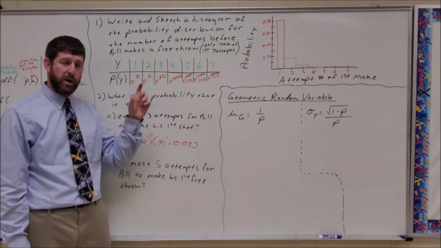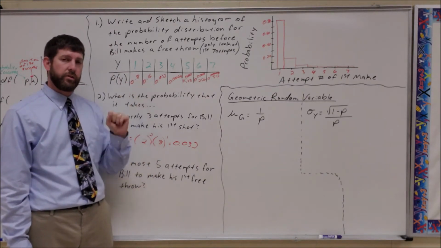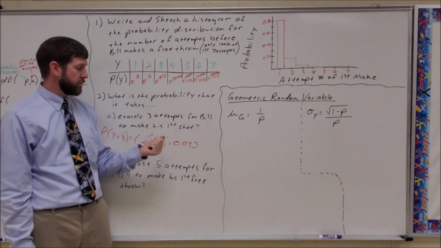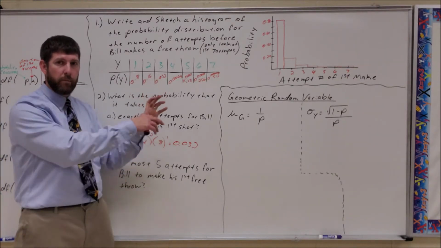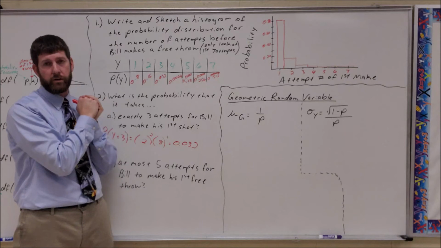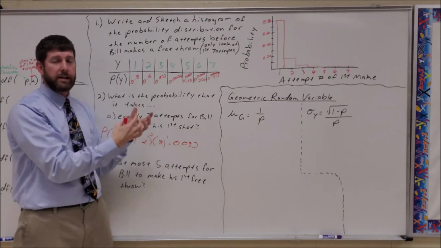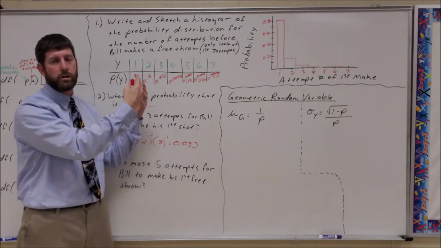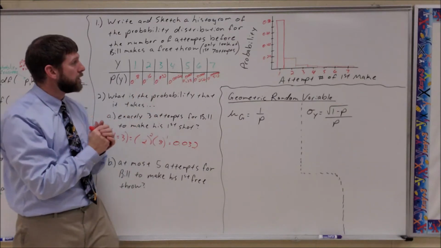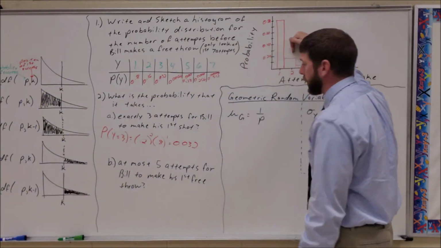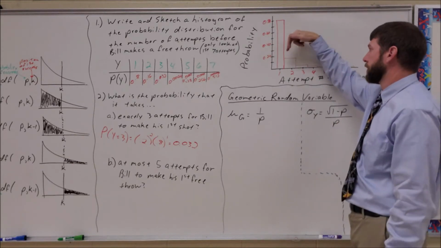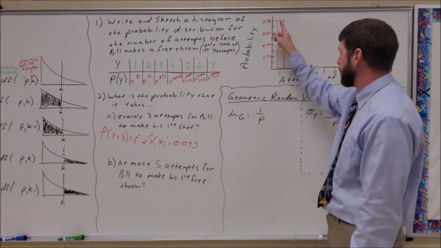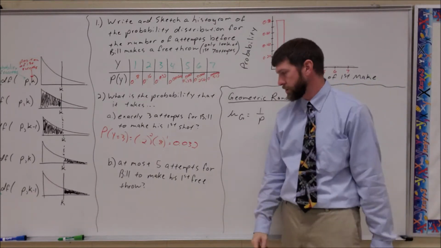Because your highest probability is being successful on your first try, even if it's a small chance, right? Because what you're doing is taking a decimal value and multiplying it by another decimal value. So it automatically has to get smaller. When I take a number and multiply it by a number smaller than 1, it's going to get smaller. So the fact that I'm multiplying those decimals together, we're going to automatically get smaller and smaller every step of the way. So you always get this right skew distribution.